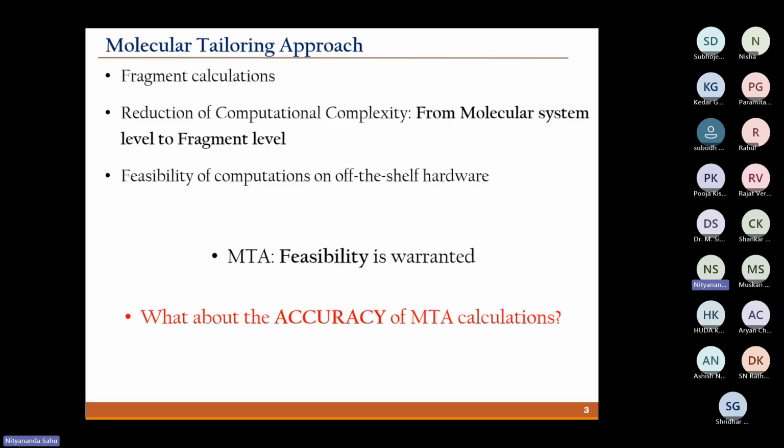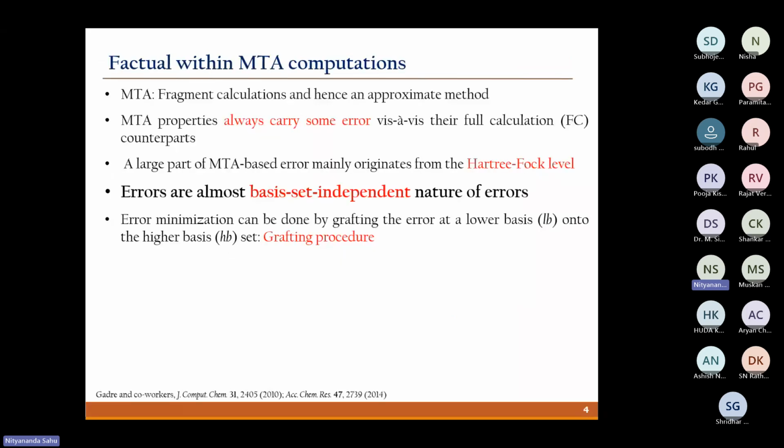Feasibility is okay, we can do the calculations, but what about the accuracy of the outcomes which we get after the MTA calculations? As we have been saying, MTA is a method which does the calculation on fragments rather than the whole system. That is why it is approximate. And being approximate, the result from MTA will not exactly match the full conventional calculations.